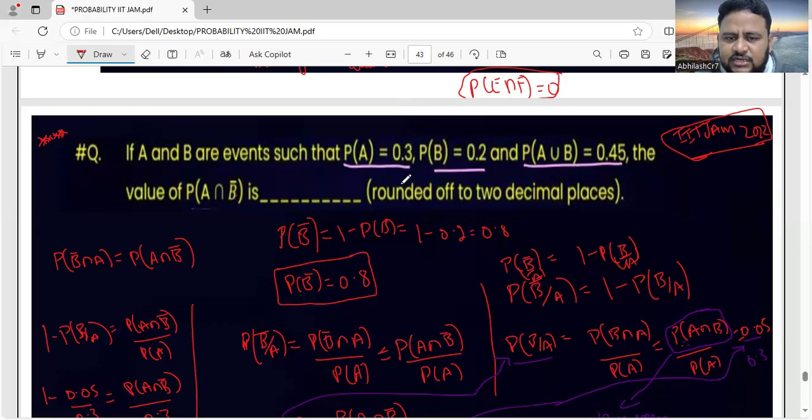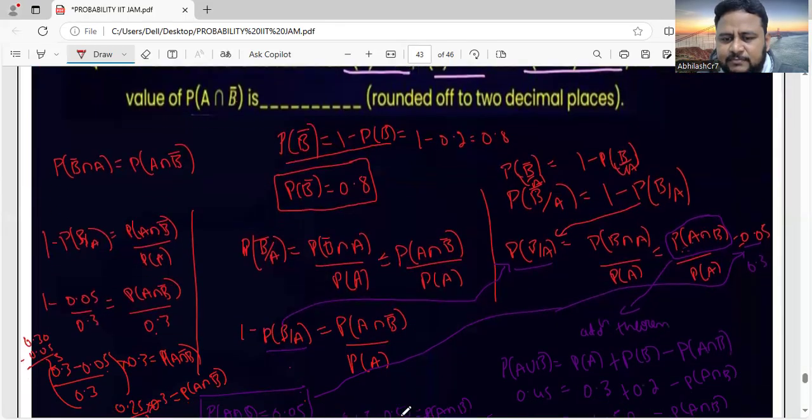Now, just like how I wrote here, probability of B dash is equal to 1 minus probability of B, similarly, probability of B dash by A, I can write it as 1 minus probability of B by A. But what is the value of this? I have to find out. Probability of B by A is equal to probability of A intersection B divided by probability of A. But to find out A intersection B, I use the addition theorem.